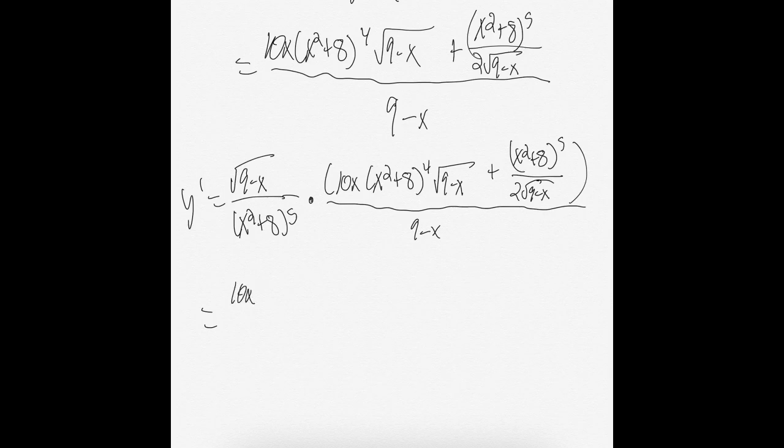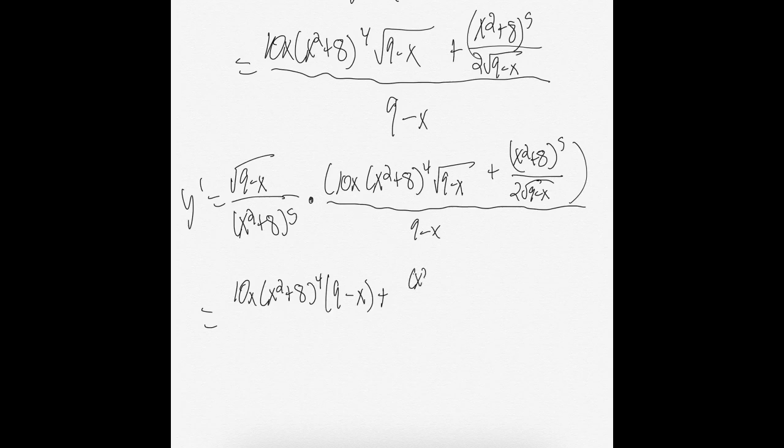Whenever I distribute on top the root 9 minus x, with this first part, I'm going to be left with 10x times x squared plus 8 to the 4th. And then I have root 9 minus x times root 9 minus x, so that's just going to give me 9 minus x without the radical.